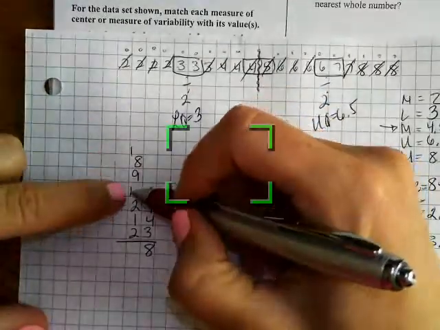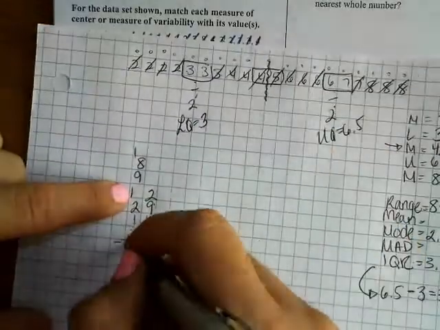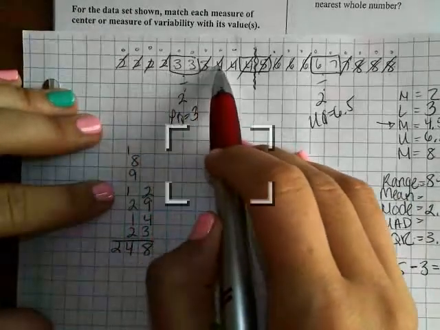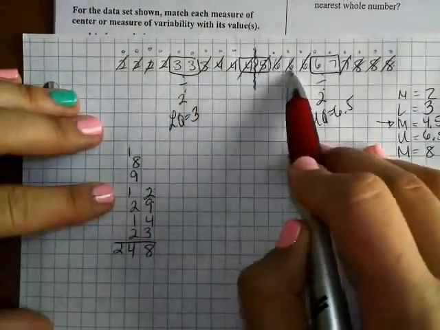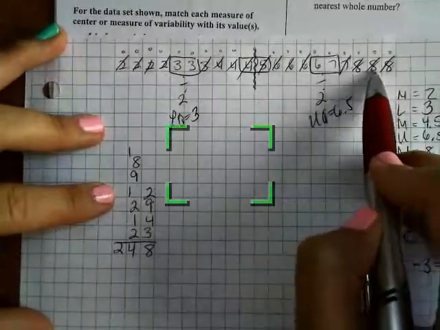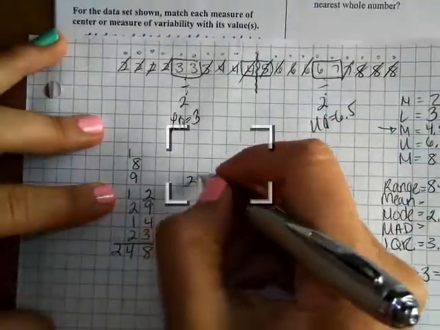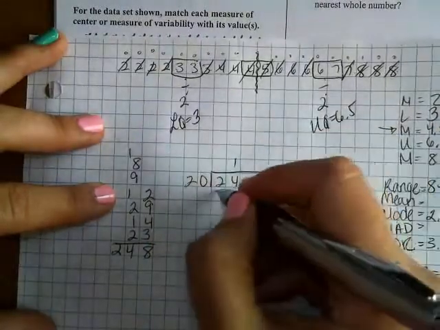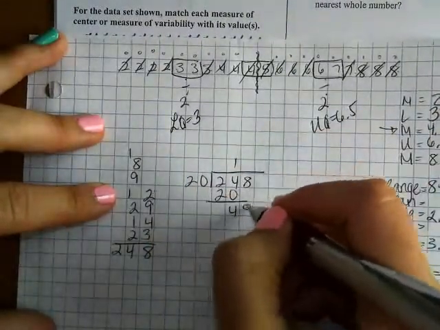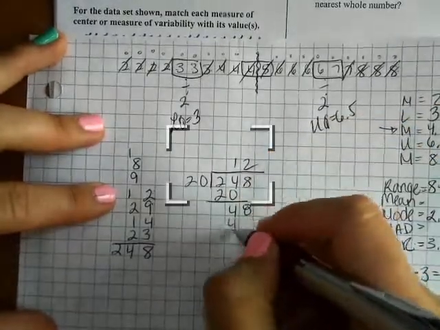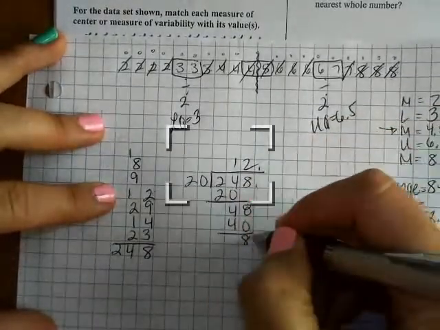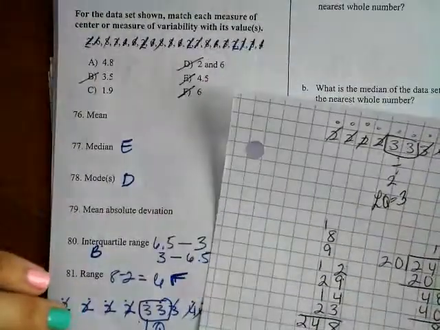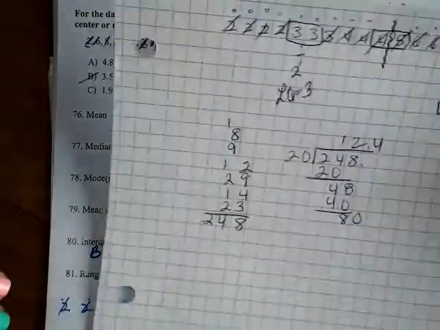There are 20 numbers. So I'm going to divide 20 into 248. The mean is 12.4. It's not there.